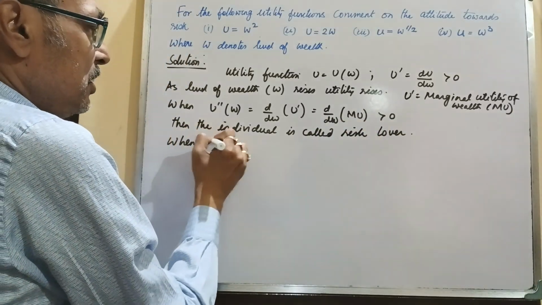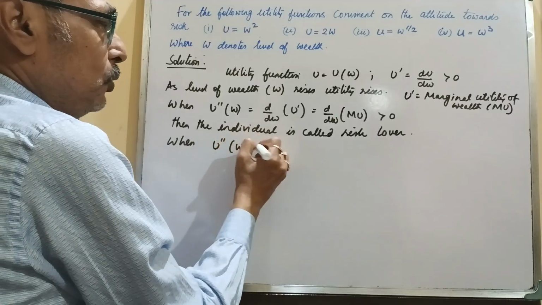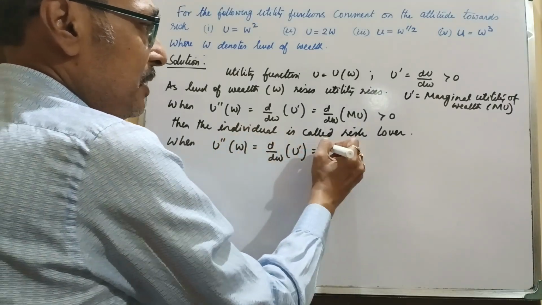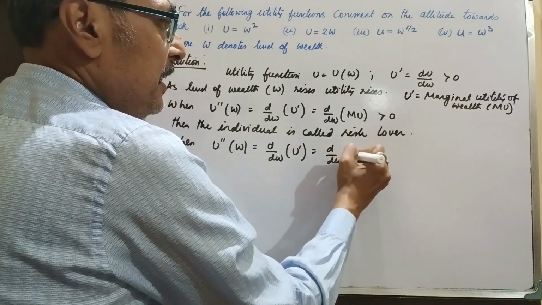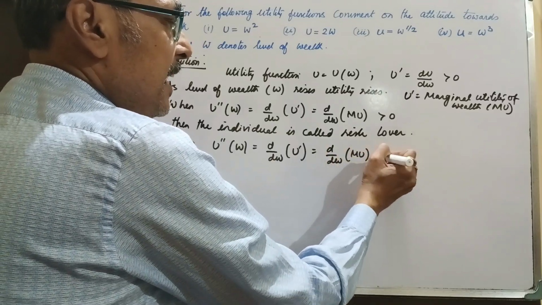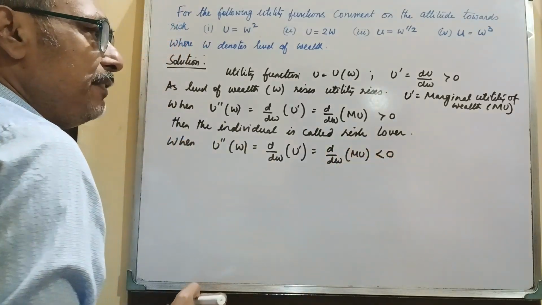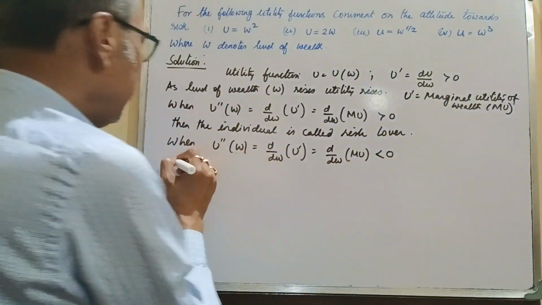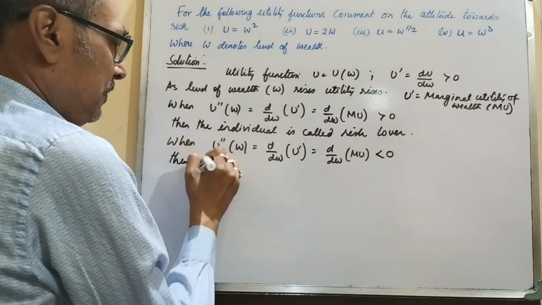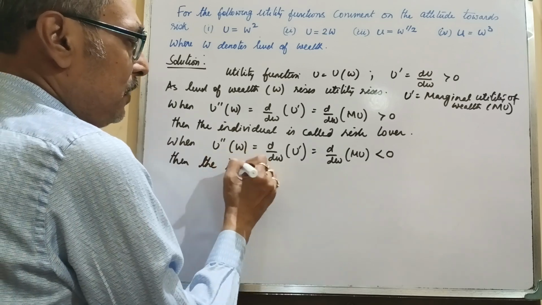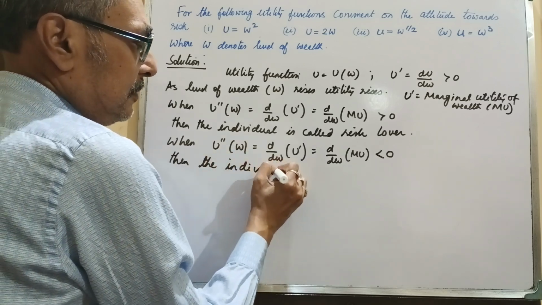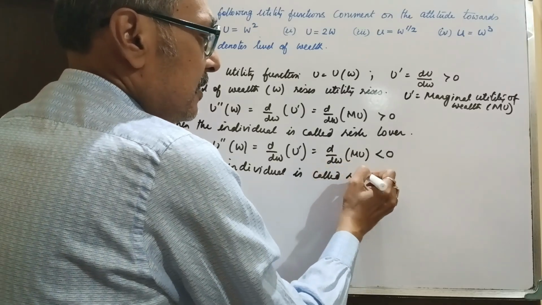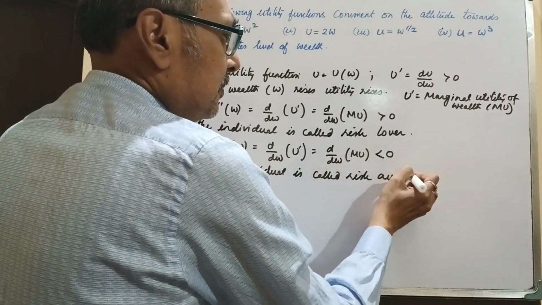When u double prime, that is d/dw of u prime, is less than 0, the individual is called risk averse.